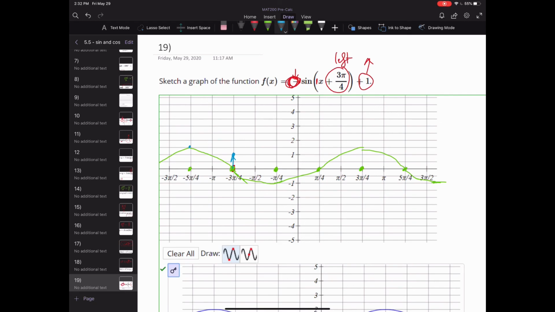Ooh, you see, I went too high here. This should have been like that. And this too should have been like that. Okay, so this point gets shifted up 1 full unit, which ends up right there.